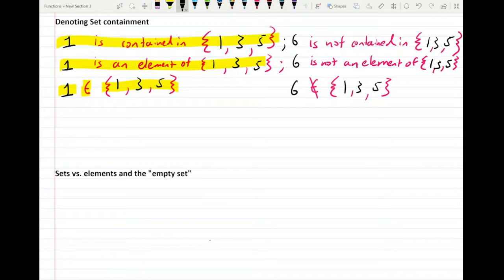Now, this brings me to a few fine points that I often see students confuse. Firstly, that containment is different from equality. This is especially problematic when you see things like this, when you're looking at both 4, for example, and the set containing 4.